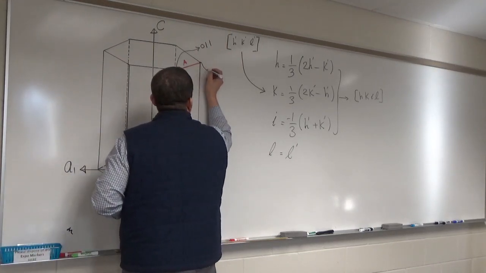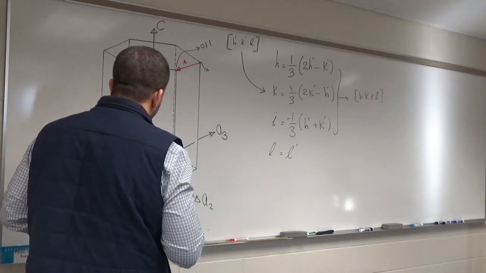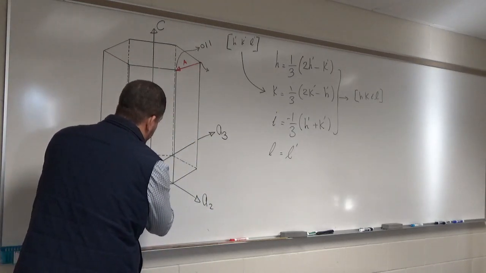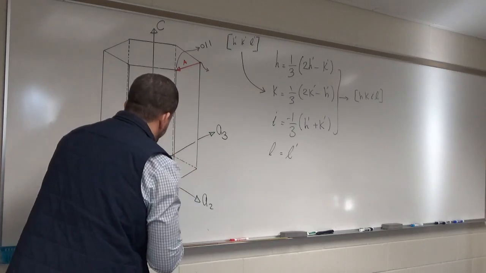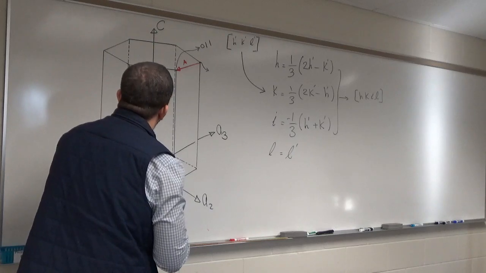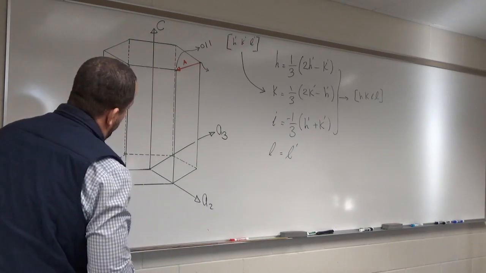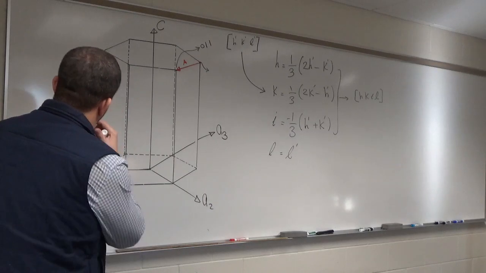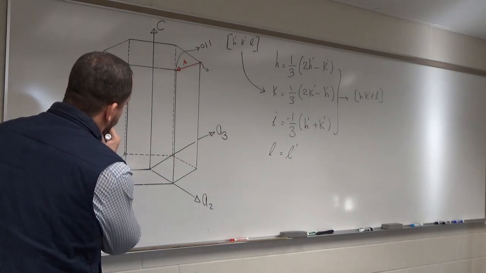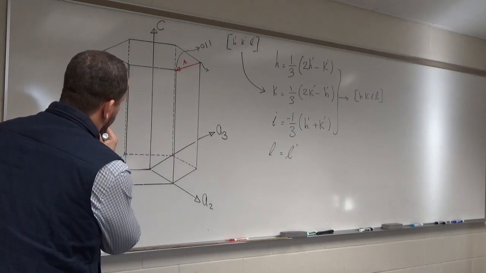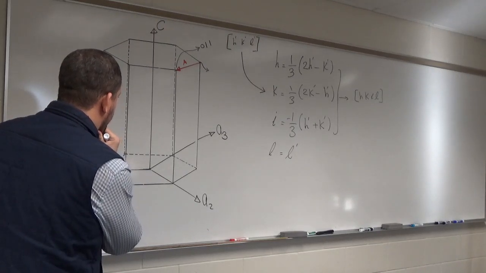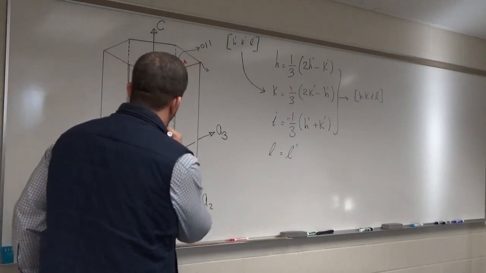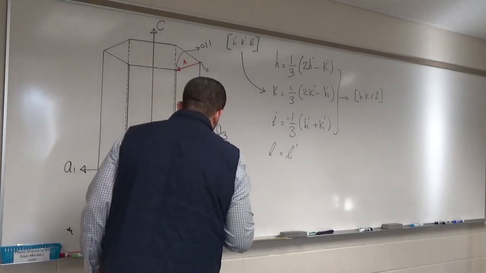Let's figure out the tail point. So the tail point is 1 from A2 and 0 from A1. See that? Actually, we have this point between A3 and A2.